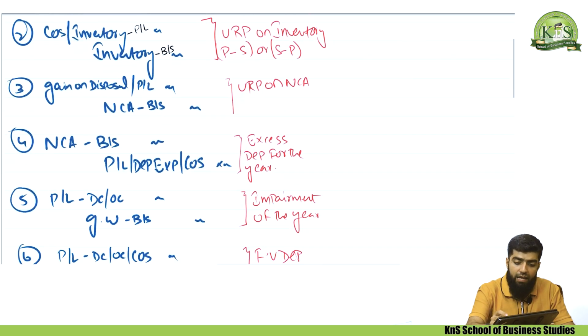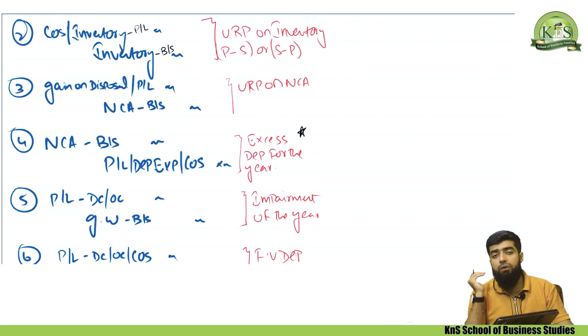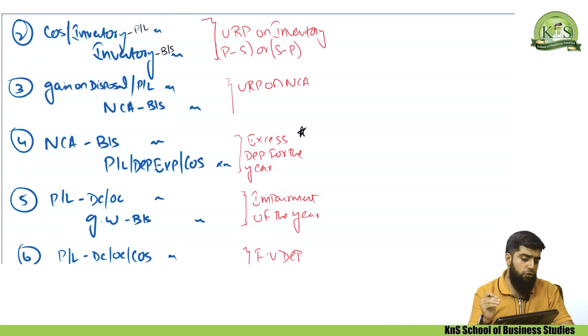For example, excess depreciation. The amount of excess depreciation will be apportioned to the post acquisition months. Reason being, the straight line formula by default gives you the annual depreciation. This needs to be apportioned over the post acquisition months.